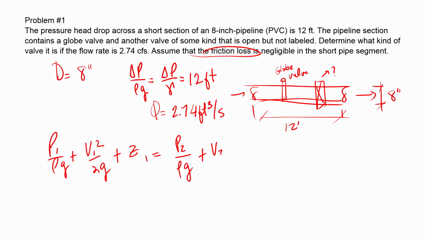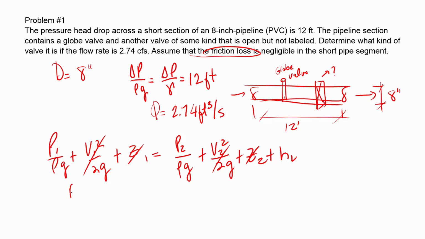Plus P2 over rho g plus V2 squared over 2g plus HL. So we have the same elevation, so this cancels. We have the same velocity because the diameter did not change.